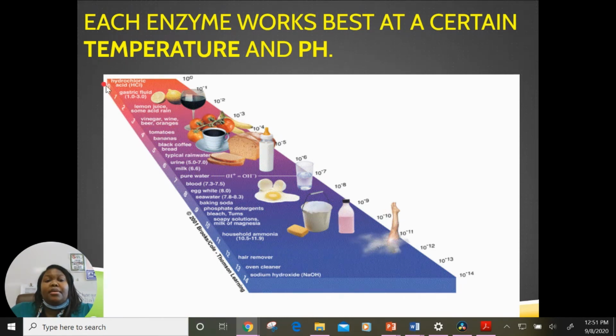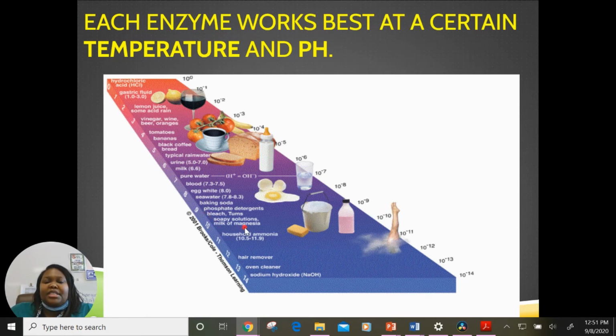So down below pH 7, which is neutral pH, below 7 are your acids. When you get to 8, 9, 10, you're talking about a base.